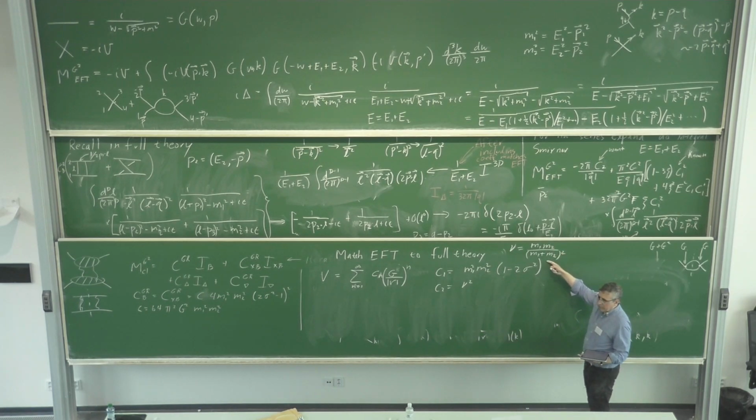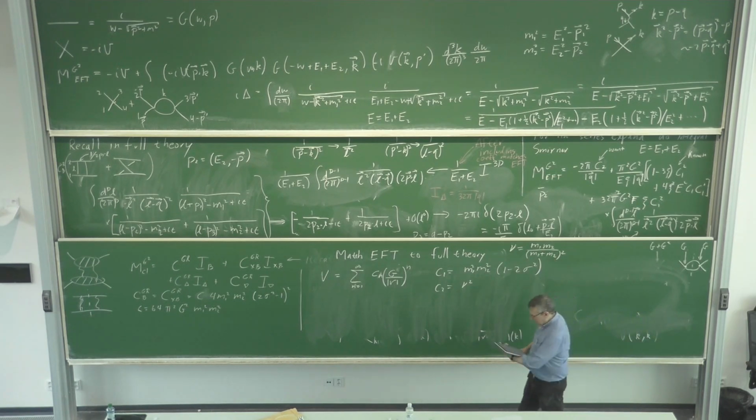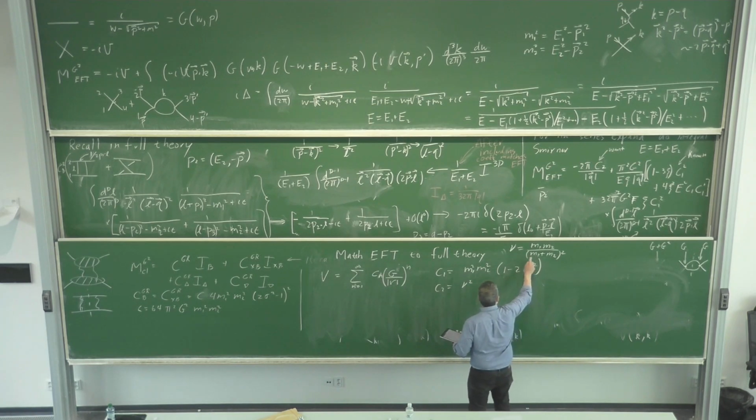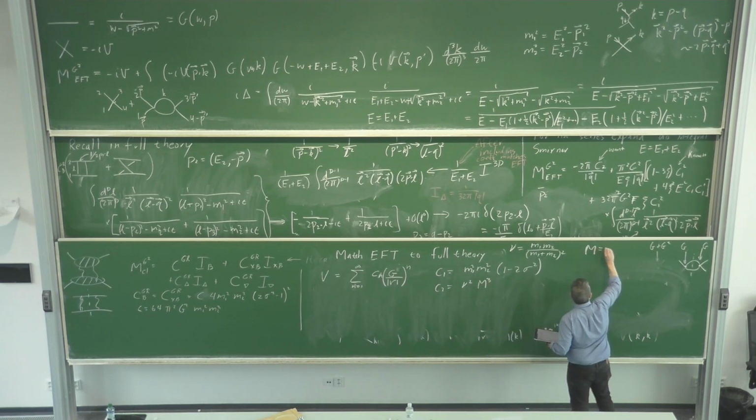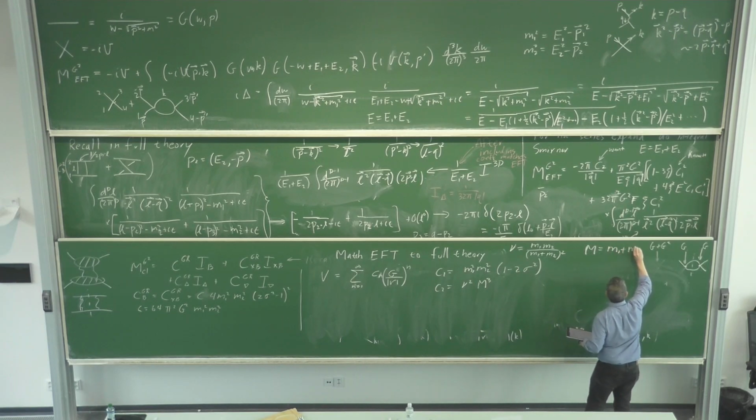It looks like the reduced mass, except the way it's defined, the m1 plus m2 is squared, so it's not the reduced mass, but it's essentially the reduced mass up to an extra factor of the total mass in the denominator. M cubed, so M is equal to m1 plus m2.